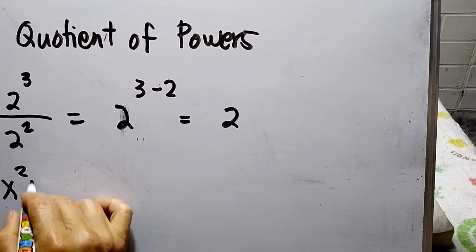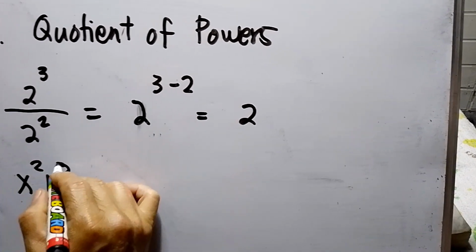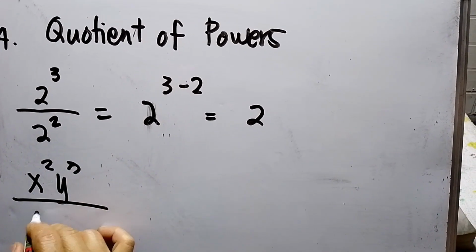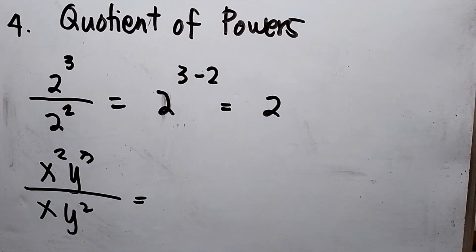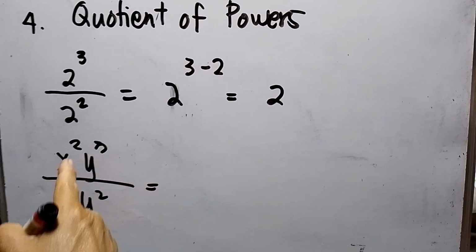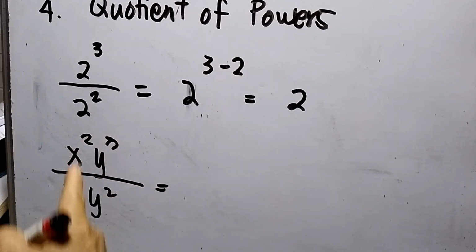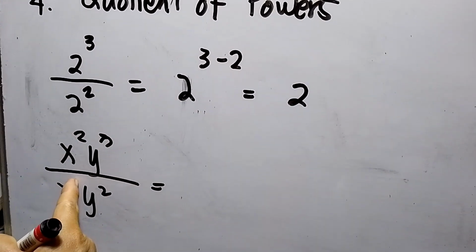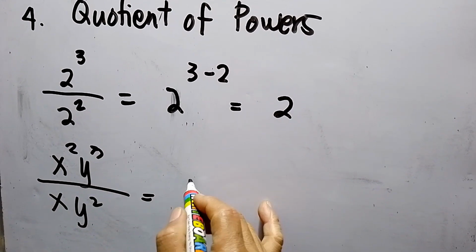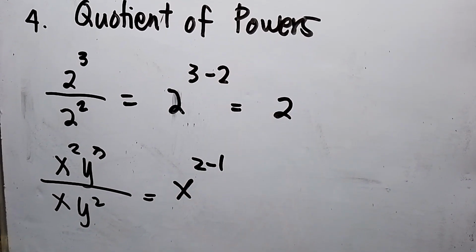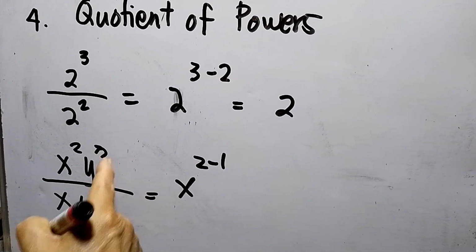x squared y cubed over x y squared. So look at the exponent of x. The numerator is 2, while the exponent of the denominator variable x is 1. So this will be x to the 2 minus 1. And then look at y.